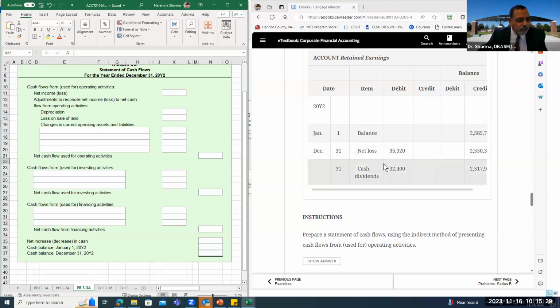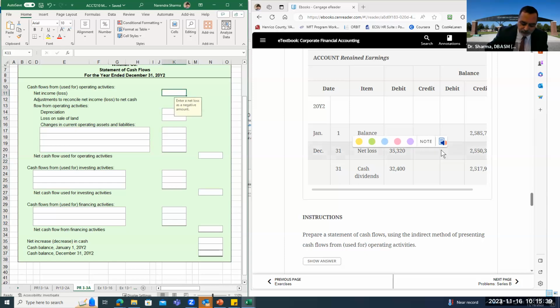So you can check here, there is a net loss of 35,320. So if you are given net loss, you will be putting it as a minus figure. So that will be minus 35,320. So that information is taken care of first.